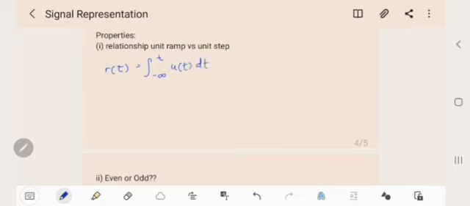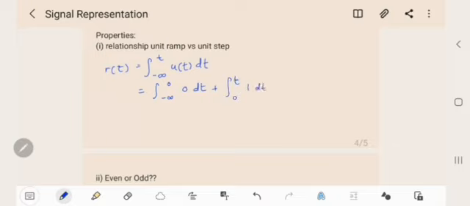When we integrate, from negative infinity until 0 we get 0, because the unit step is 0 at negative time, plus the unit step from 0 until t, which is 1 dt.